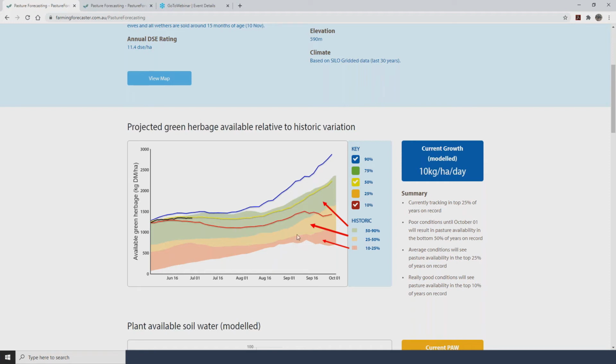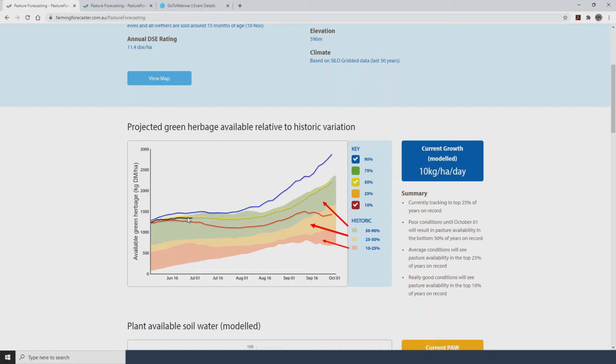The historic pasture curve, which is the shaded zones, is important because it gives us a reference point to compare against. Pasture forecasts are run at the start of the month, and once they are run, they are effectively locked in place. The only thing that changes throughout the month is this black tracking line, which tells us how, based on weather data, things are actually tracking through the month.